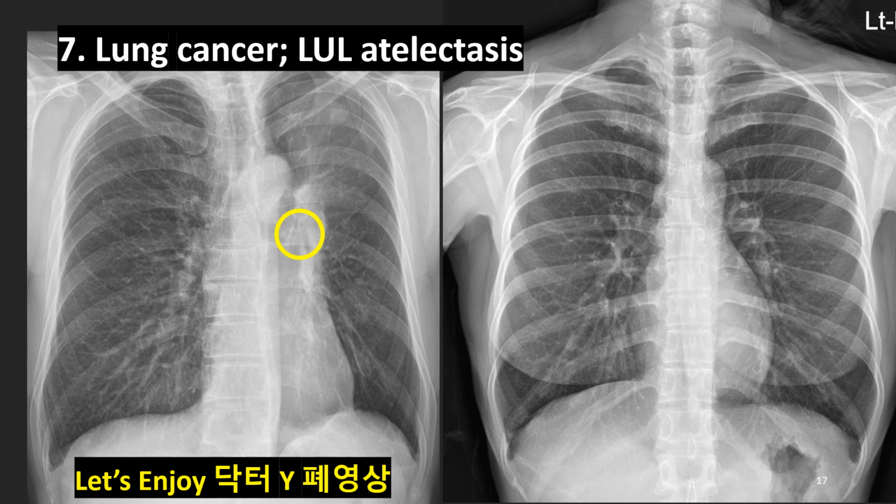Lung cancer not only shows as a mass, but also sometimes as obstructive pneumonitis, obstructive atelectasis of the lobe, or even the total lobe. This is left upper lobe atelectasis blocked by squamous cell carcinoma of the left upper lobe. The yellow circle indicates the squamous cell lung cancer blocking the left upper lobe bronchus.